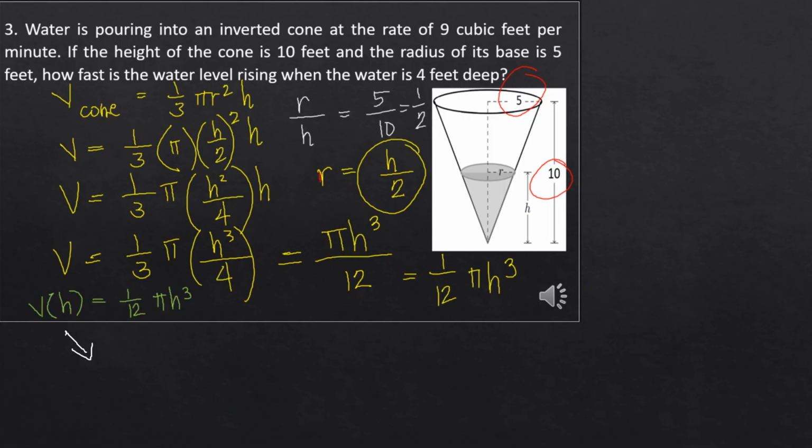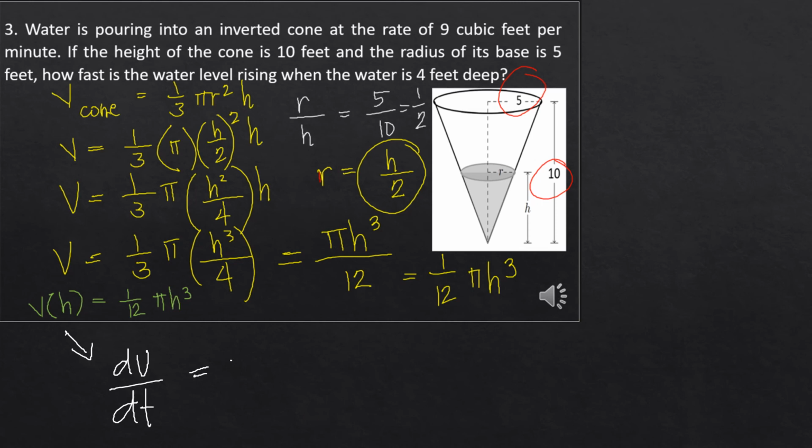So we get the derivative of the volume with respect to time. That will be dV over dt. And we get the derivative of 1 over 12 pi h cubed using the power rule. And take note that h here is differentiated with respect to time.